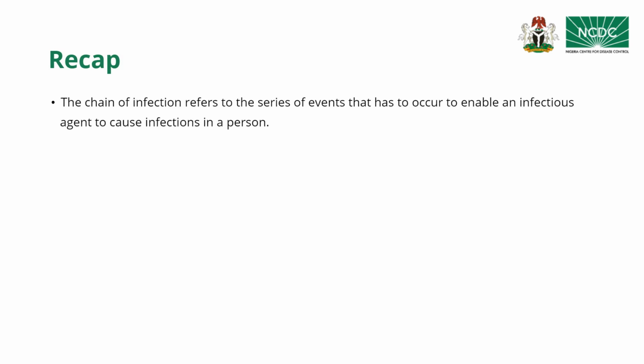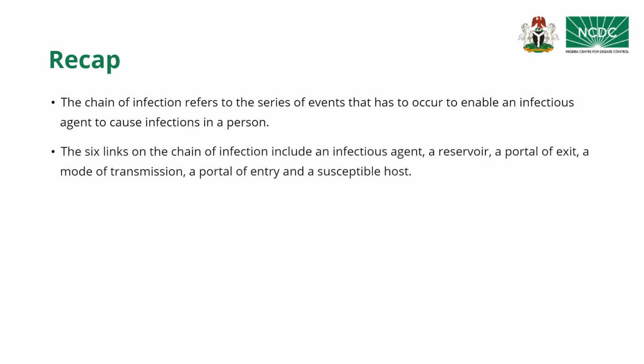Here is a recap of what has been taught so far. The chain of infection refers to the series of events that has to occur to enable an infectious agent to cause infections in a person. The 6 links on the chain of infection include an infectious agent, a reservoir, a portal of exit, a mode of transmission, a portal of entry, and a susceptible host.